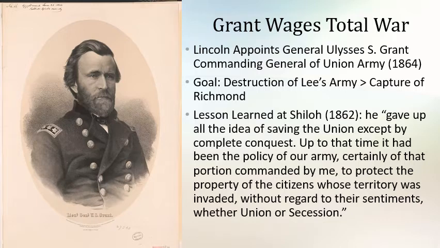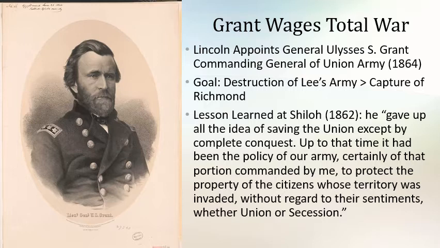Up to that time it had been the policy of our army, certainly of that portion commanded by me, to protect the property of the citizens, whose territory was invaded without regard to their sentiments, whether Union or secession." This mindset of now total conquest would lead him and guide him when he became the general of the Union Army.